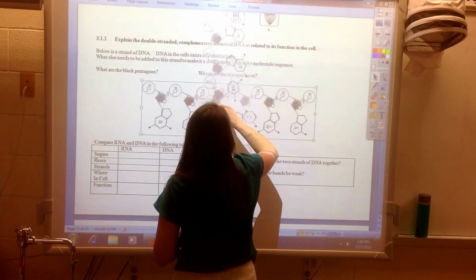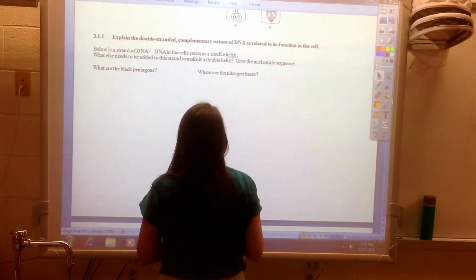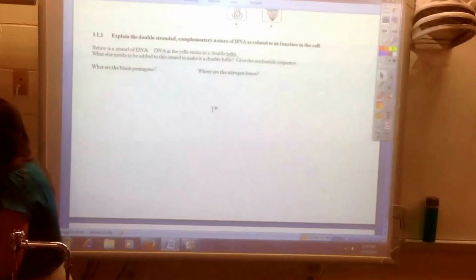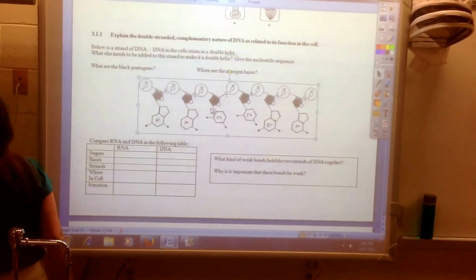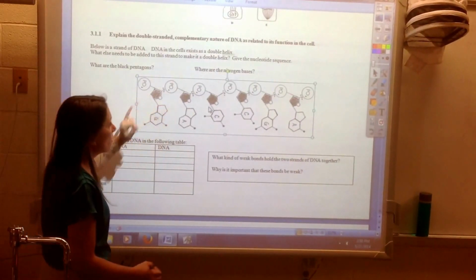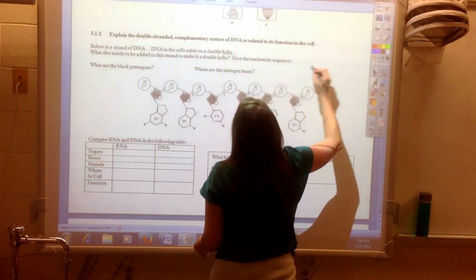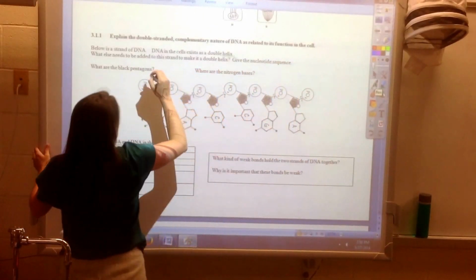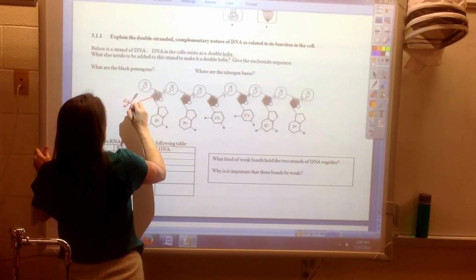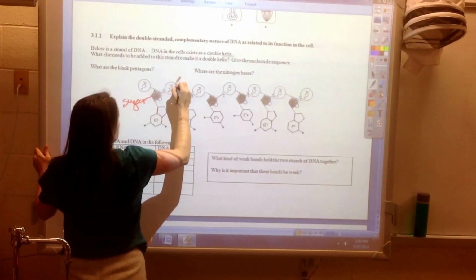I'm sorry it's on its side. That does make it kind of hard to see. That didn't work. But if you look here, remember that the backbone of DNA is always sugar and phosphate.